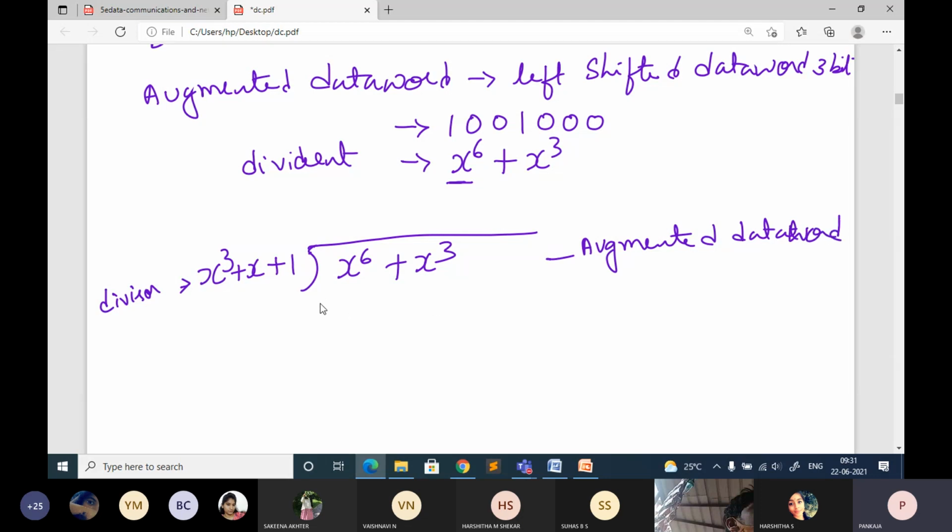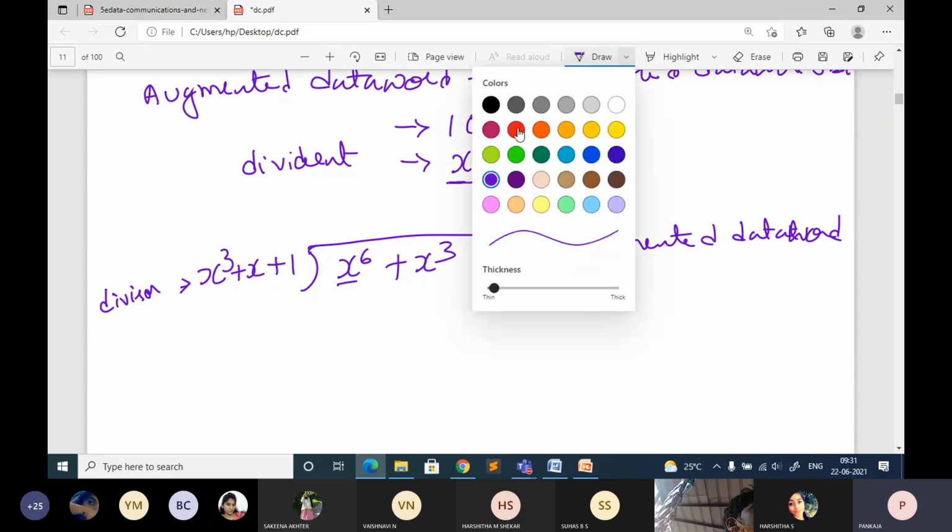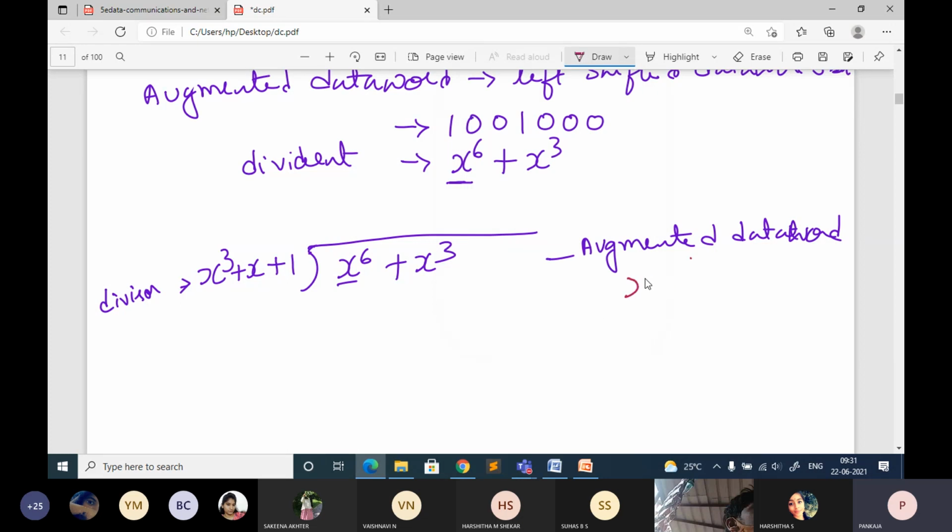Now what is the first step I told? To find the quotient. You need to take the first term of the dividend, so the first term here is x power 6. And what is the first term of the divisor?